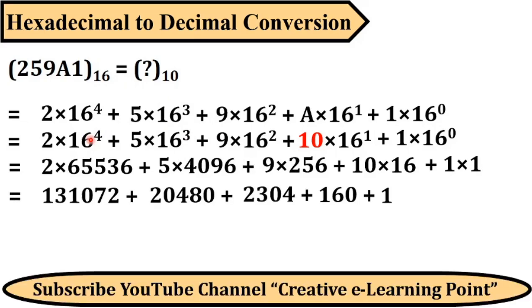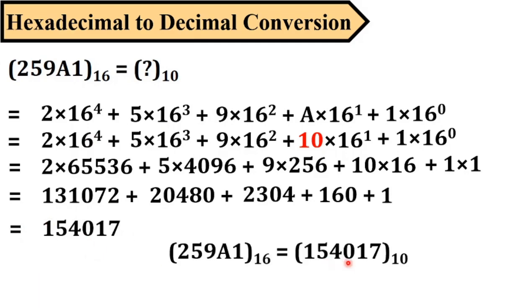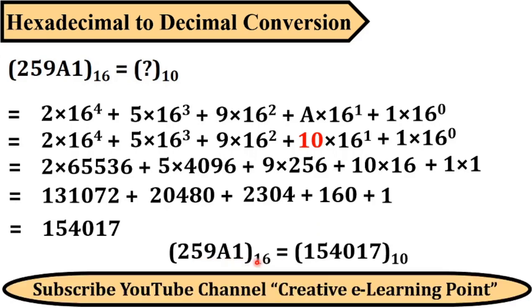Finally, after adding those numbers, I get this number. So the corresponding decimal number for the hexadecimal number 259A1 is 154017.